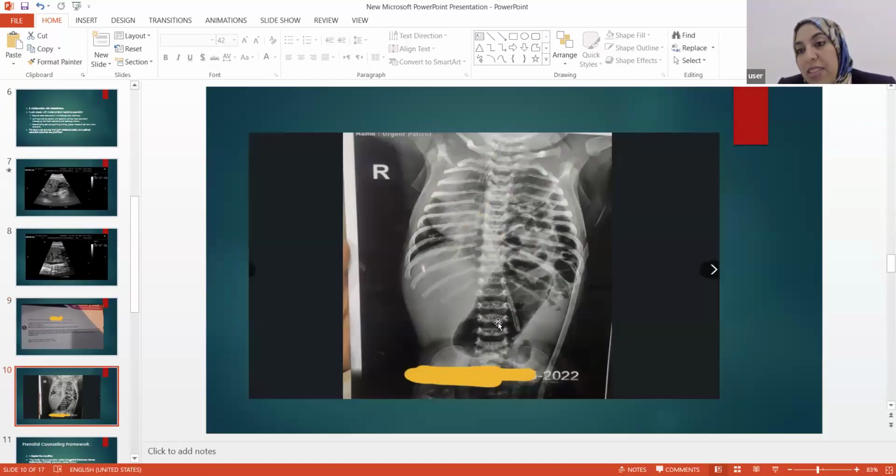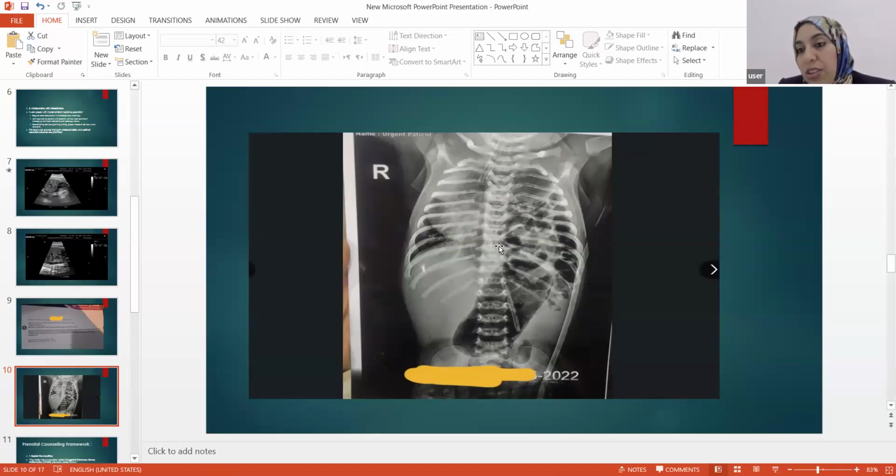The baby became cyanosed and went to the emergency department with a large diaphragmatic hernia. This was the X-ray, and by the report of the ultrasound, immediately X-ray and immediately the emergency surgical procedure was done.